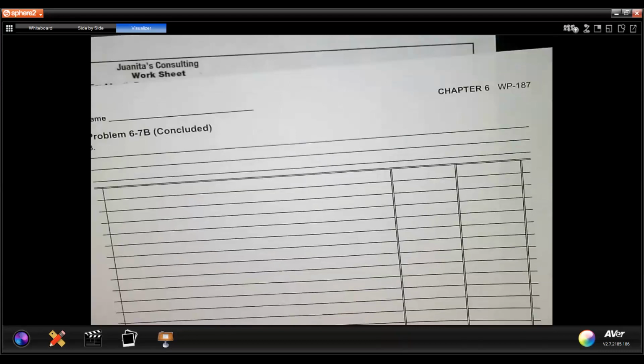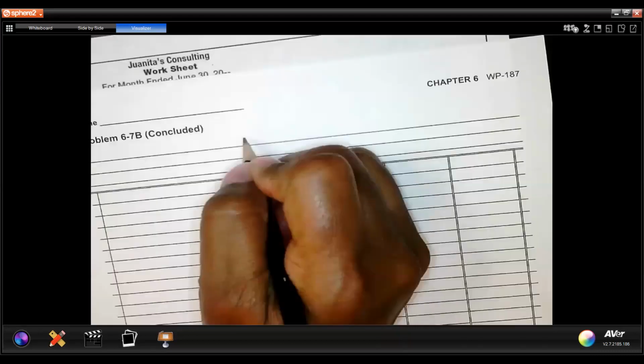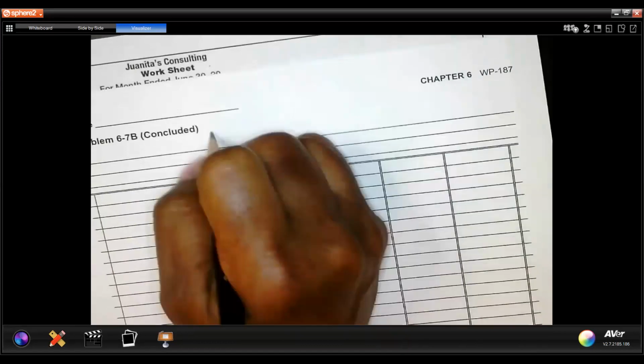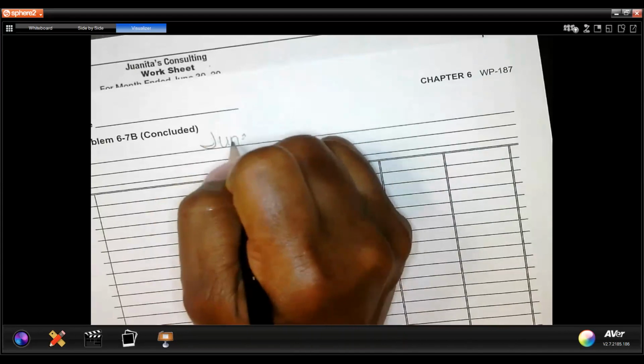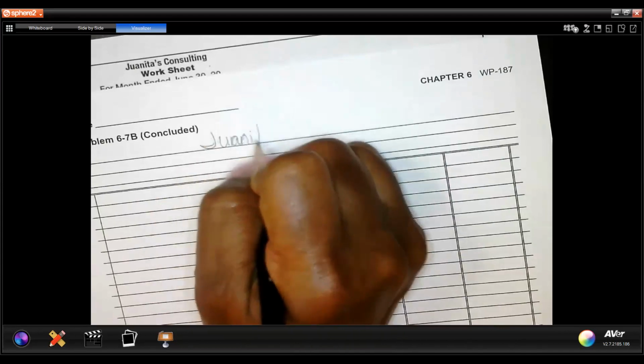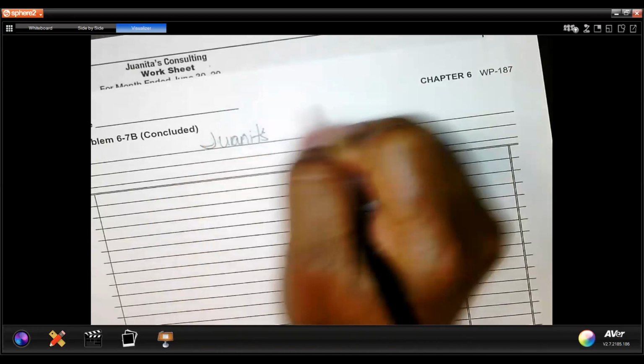Okay, so the balance sheet is going to be filled out in a similar manner to how we filled out the income statement and statement of owner's equity. Again, we're going to include the name of the company. In this case, it's going to be Juanita's Consulting.